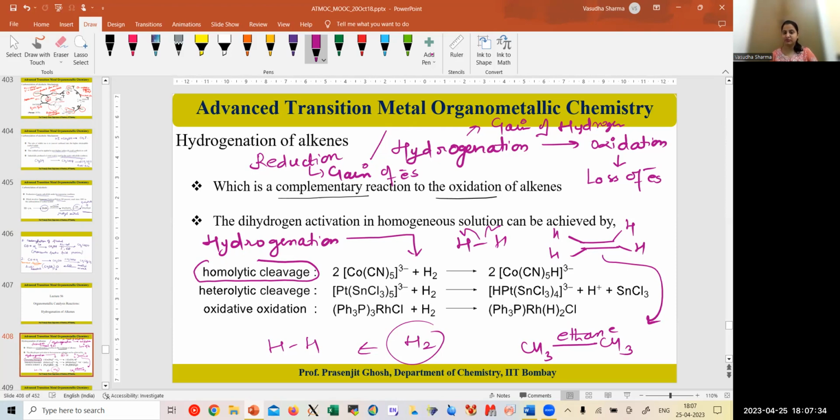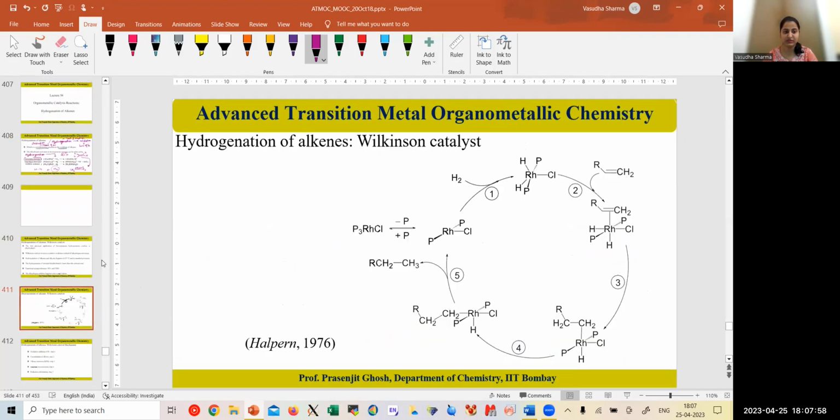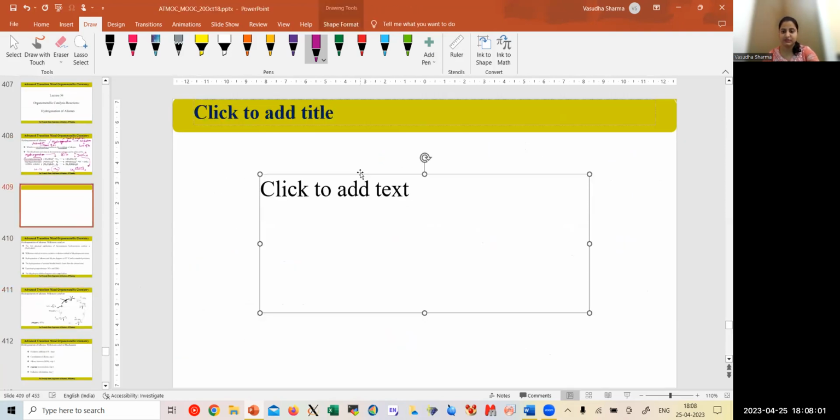So if we have a cobalt cyanide, Co(CN)5, and H2, it will give you Co(CN)5H. This is called homolytic cleavage because both molecules will take one H. In heterolytic cleavage, one will take an H negative and the other will go as an H positive. That means the charge is now distributed.